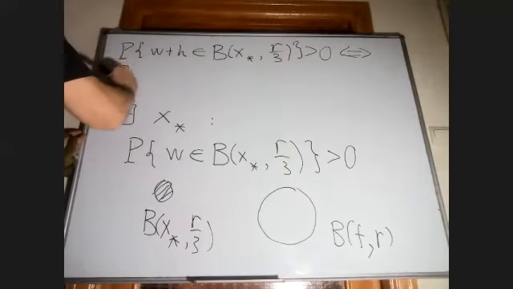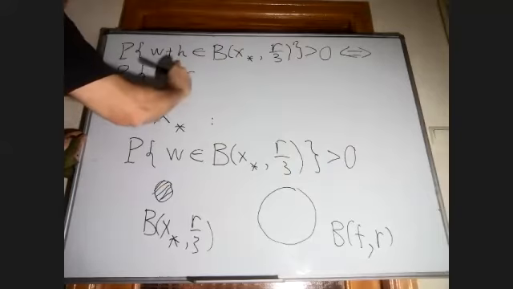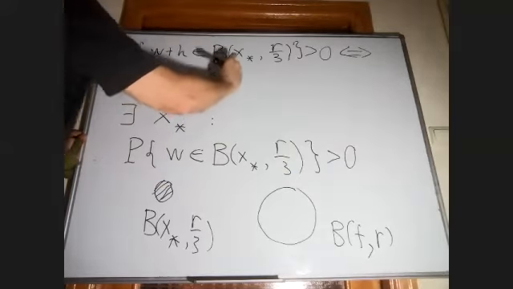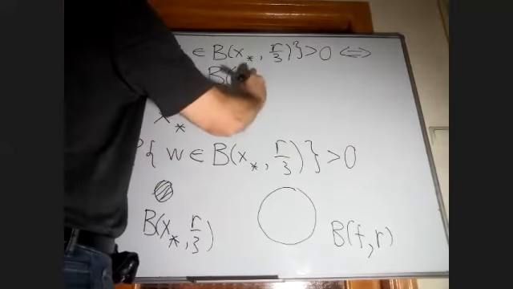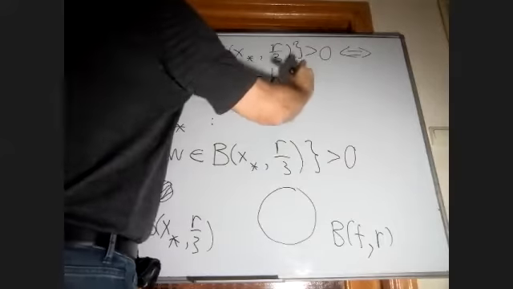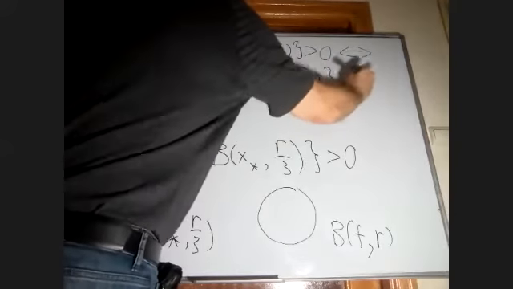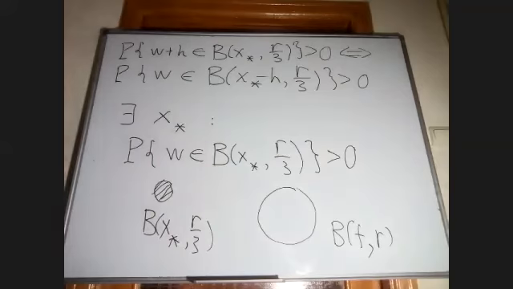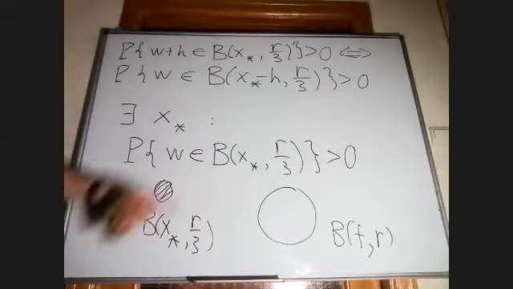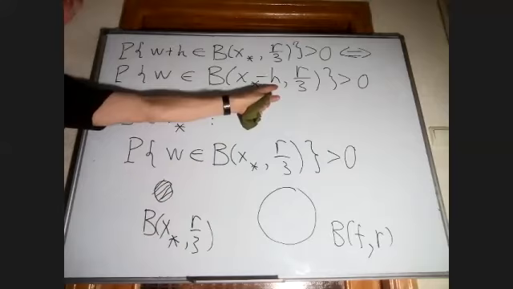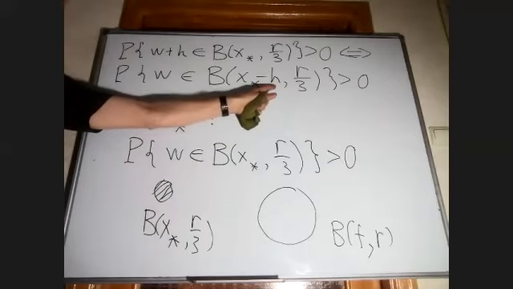It means that the probability that W belongs to this ball X star minus H, R over 3, is greater than 0. And it is true for any H which starts from 0 and has a continuous derivative.